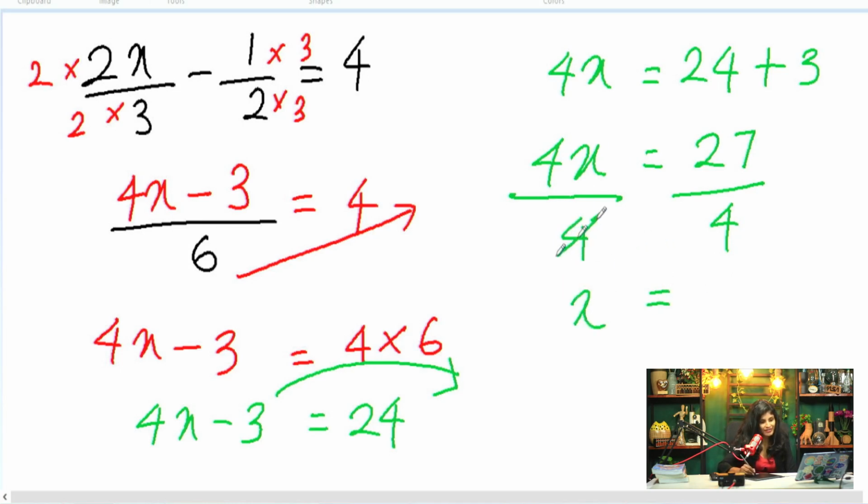Now, x equal 27 divided by 4. That is improper fraction. What I am going to do is convert this one into a mixed number. So, here 6, 4 and 3. That's it. And the next question.